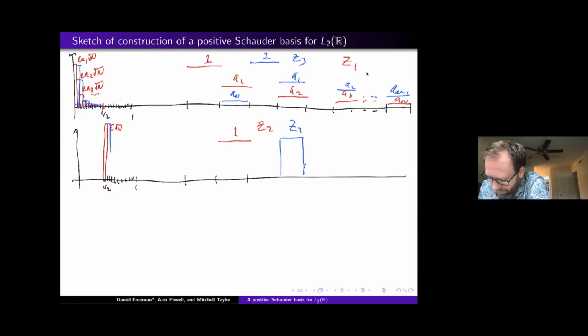So it will look like this. And so we keep building our sequence like this. And so all our odd vectors are cyclical shifts of Z1. All our even vectors are cyclical shifts of Z2.